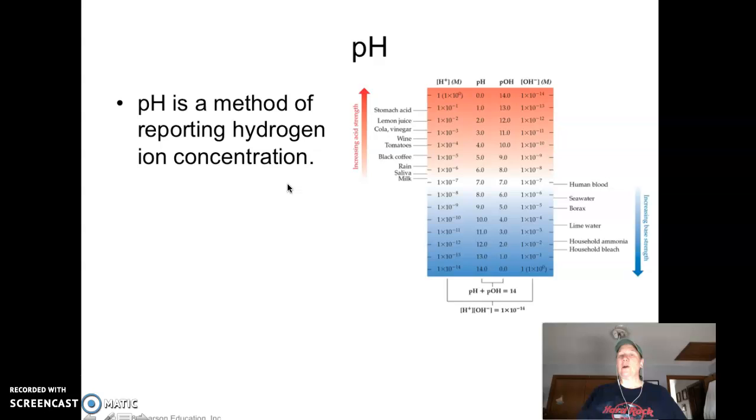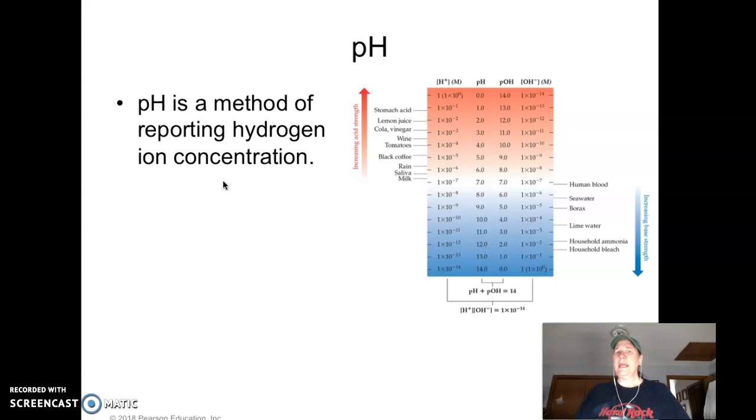All right, now remember it was 1 times 10 to the negative 14th. So we use the logarithms of those. Then it makes a number from 0 to 14. The low numbers are actually acids. And some people think, well, wait a minute, if you're reporting the hydrogen concentration, shouldn't the low numbers be bases?